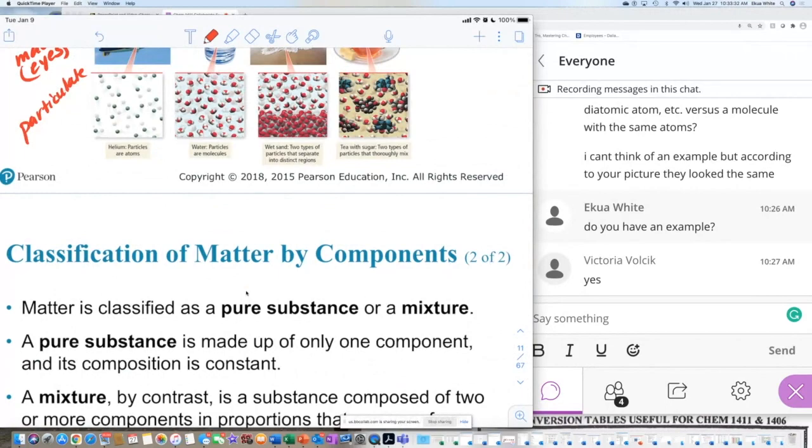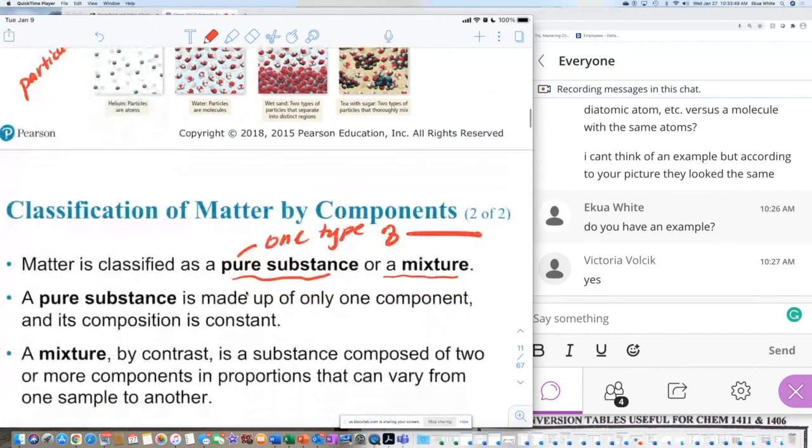So here we're told that matter can be classified as a pure substance or a mixture based on its components. In chemistry, pure just means one type of. So when you see pure, you can just say one type of, and then fill in the blank. It's an atom or molecule or compound, okay?